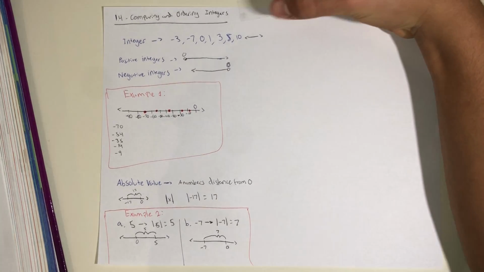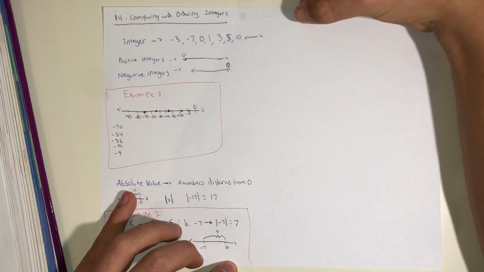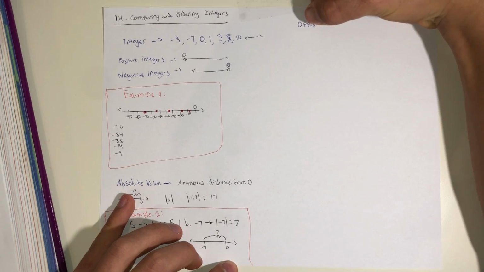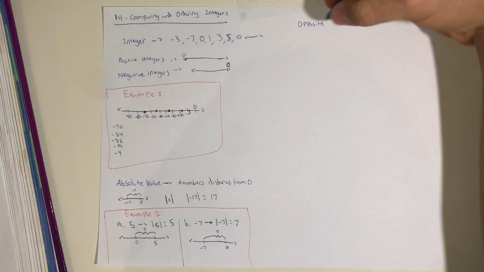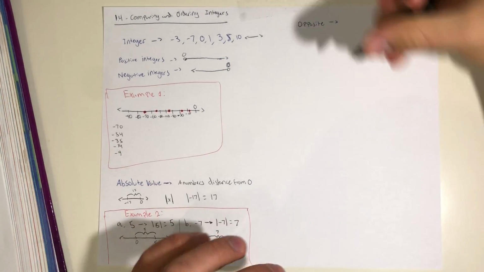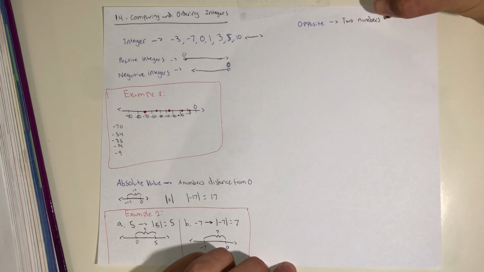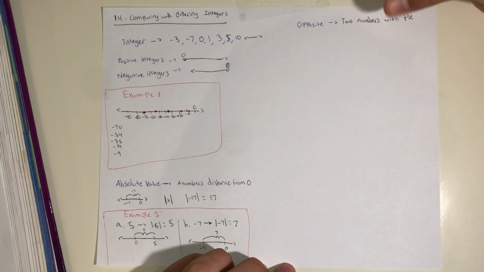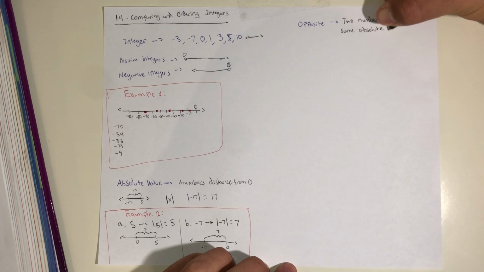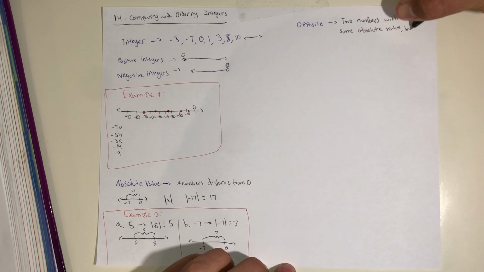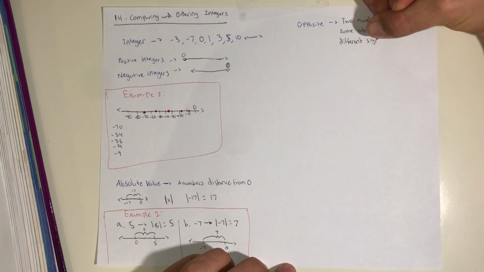Example 3. Oh no, before we learn example 3, we have to know what an opposite is. An opposite is two numbers with the same absolute value but different signs.